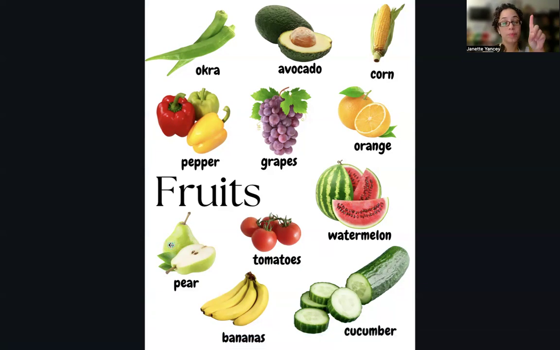So this is one pear. We can add an S. Podemos añadir una S para indicar plural.